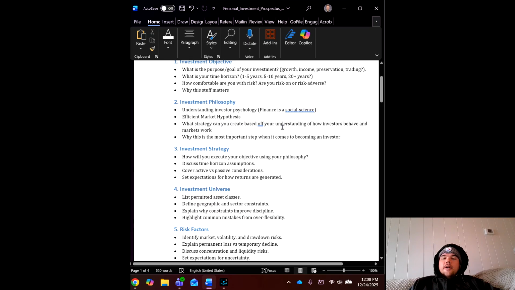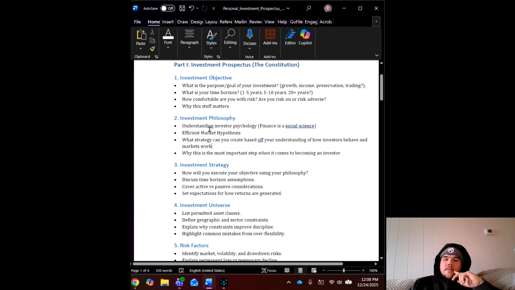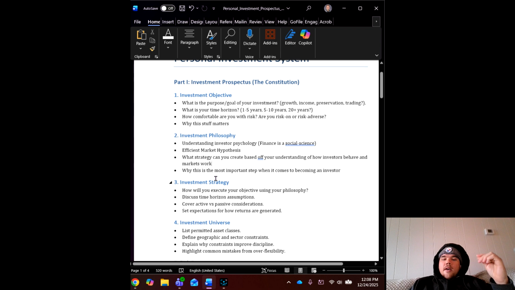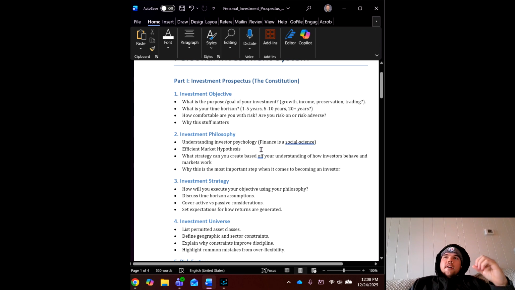Really get a great understanding of it, and you'll be in a good place starting off as a new investor. These are the things that I wish I knew early on when I first started, because they're the things I consider the most important to my strategy and the way that I invest nowadays.